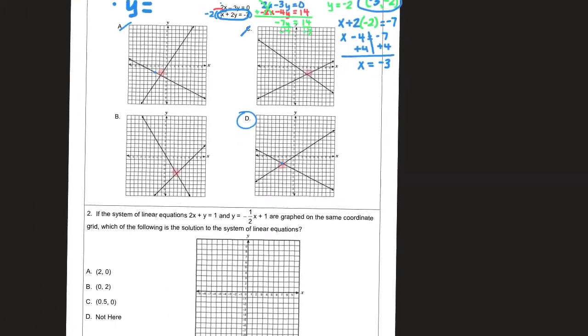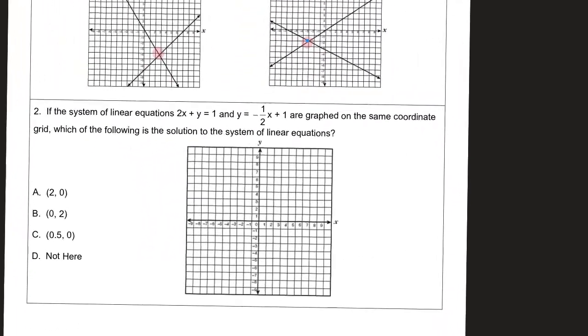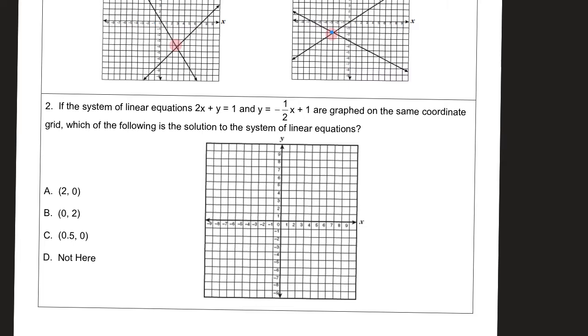Now let's look at number 2. If the system of linear equations are graphed on the same coordinate grid, which of the following is a solution to the system of linear equations? Well, one of those equations is all set for graphing. Now remember, you could put these into your y equals in your function and look at the graph.